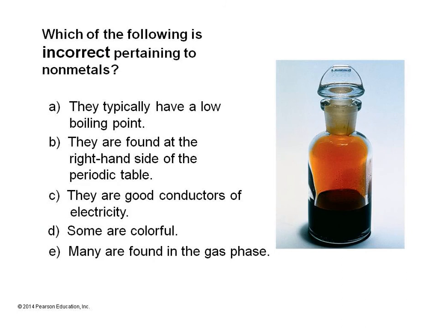Which of the following is incorrect pertaining to nonmetals? Let's see. Do nonmetals typically have a low boiling point? True. They are found at the right-hand side of the periodic table. Well, let's see. Nonmetals are found on the right-hand side. Correct. They are not good conductors. They are poor conductors.